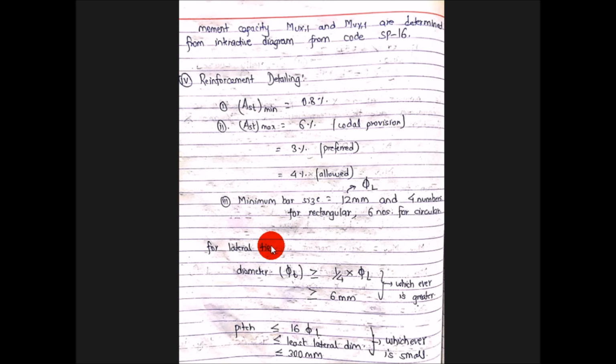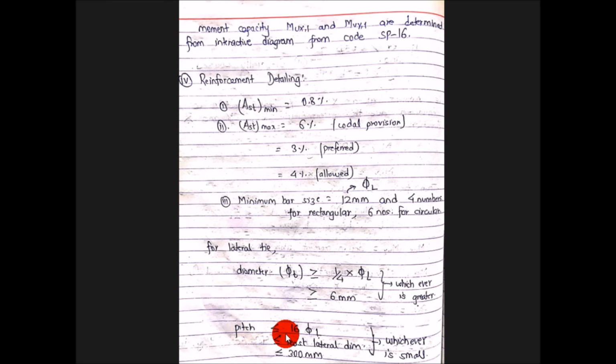The diameter of the lateral tie should be greater than 1/4 of the diameter of the longitudinal bar or 6 mm, whichever is greater. That is, if the longitudinal bar is 12 mm, then 12/4 is 3 mm. So we will take 6 mm because 3 is smaller than 6, taking the greater value.